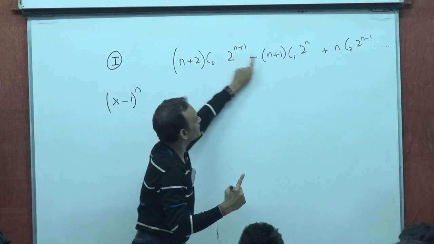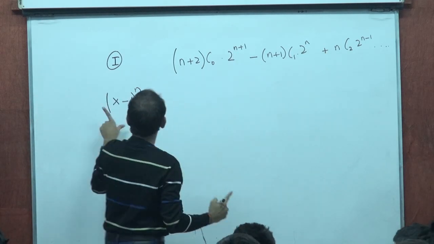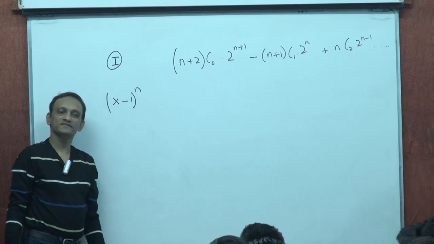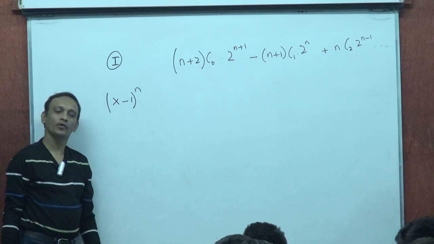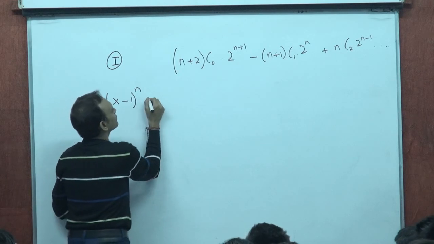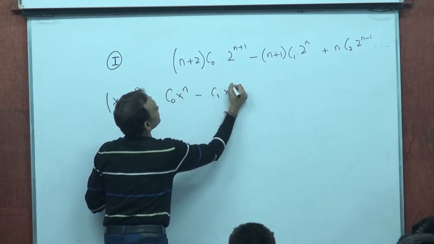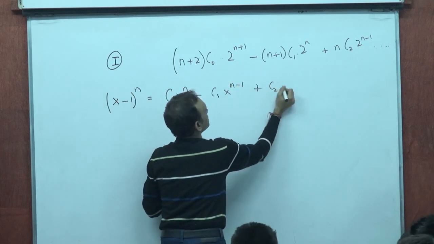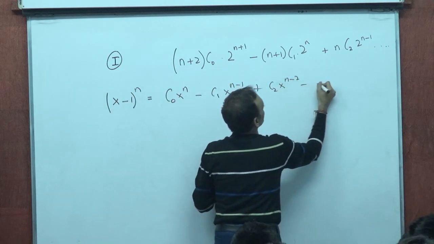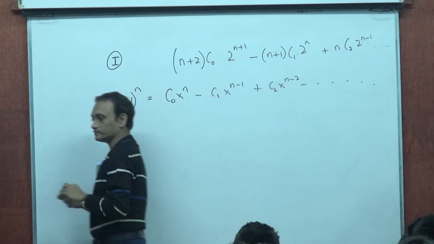We could have started with (1-x)^n also; that would have been fine. So that's like C0 x^n minus C1 x^(n-1) plus C2 x^(n-2) and so on and so forth.